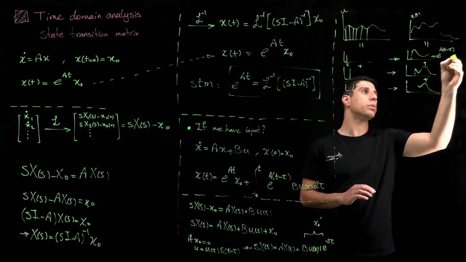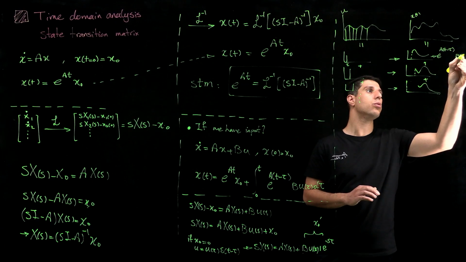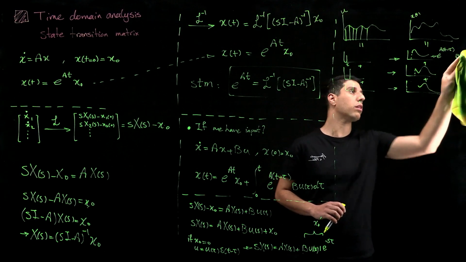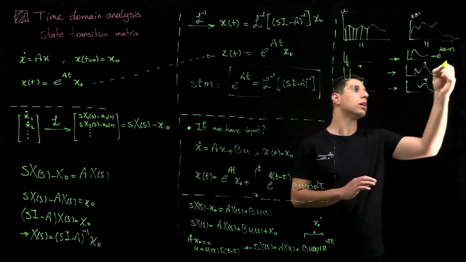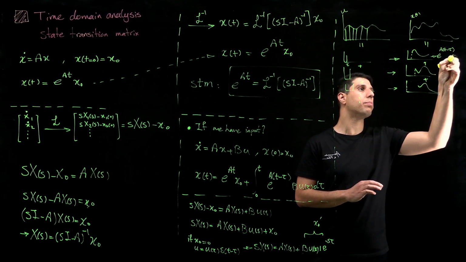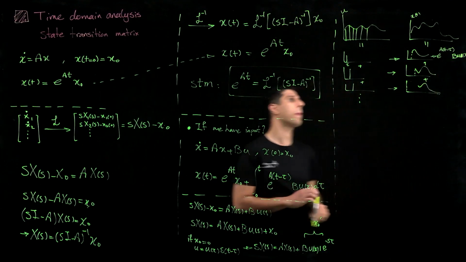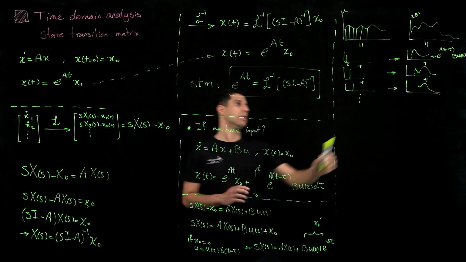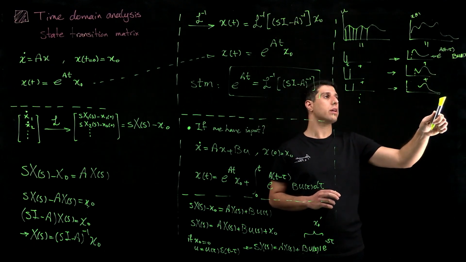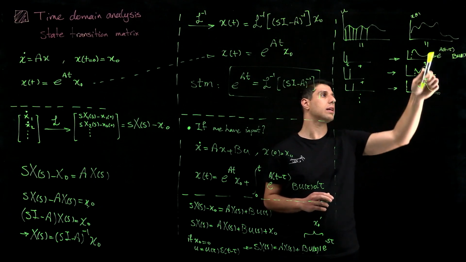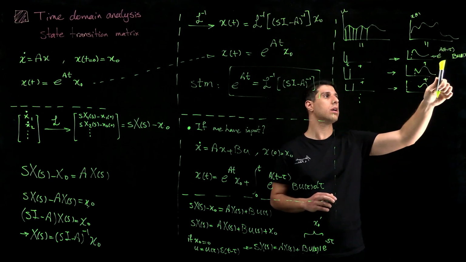So times b u of tau. So similarly for all these other responses due to impulses, I get a similar equation.